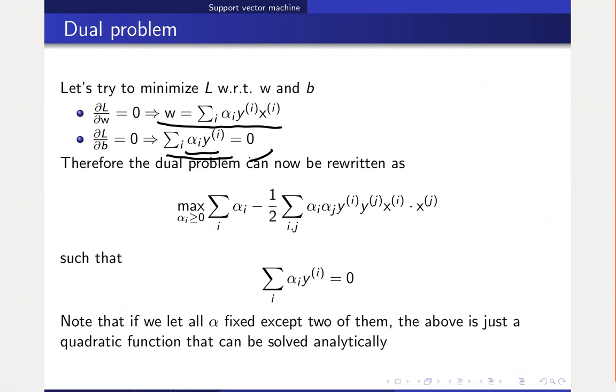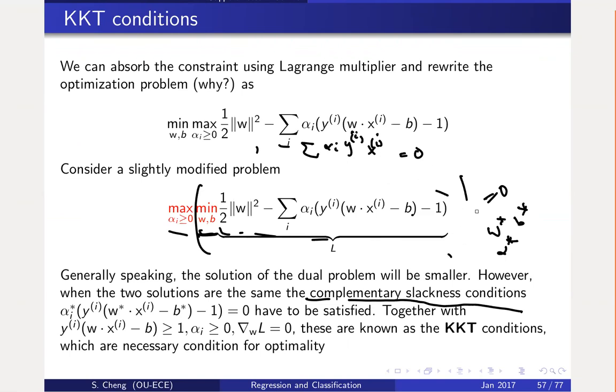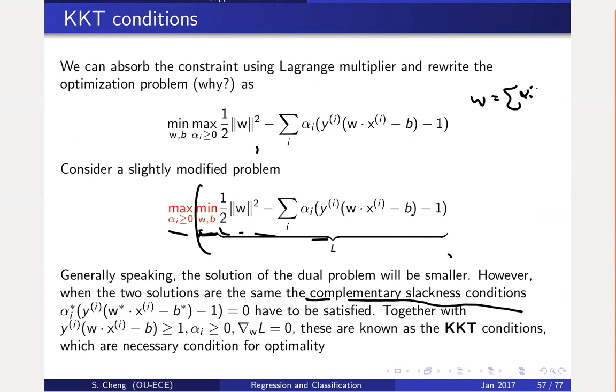So now you can plug this back into this equation here. W is equal to sum of alpha i, Yi, Xi, and I plug that back into this term here.